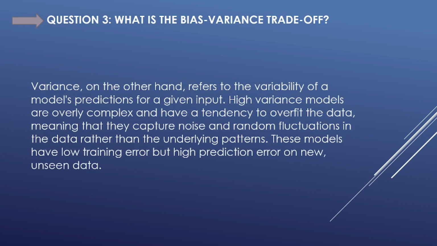Variance, on the other hand, refers to the variability of a model's prediction for a given input. High variance models are overly complex and have a tendency to overfit the data, meaning that they capture noise and random fluctuations in the data rather than the underlying patterns. These models have low training error but high prediction error on new unseen data.